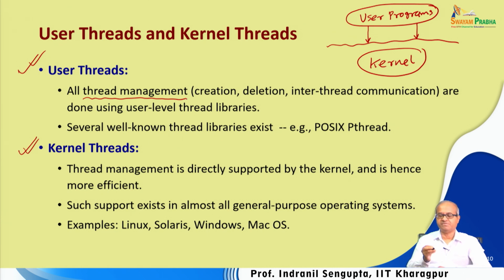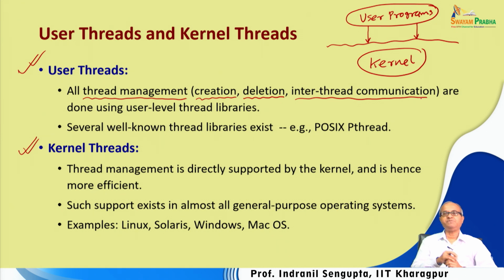So, when I say thread management, we talk about creation of new threads, deletion of existing threads, and multiple peer threads communicating among themselves, inter-thread communication. Now, in the simplest case, this communication can happen through shared variables. One thread can write some data into a variable, and another thread can read the data from that variable. Well, we shall see an example a little later.